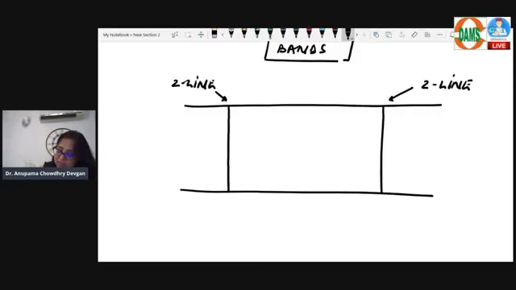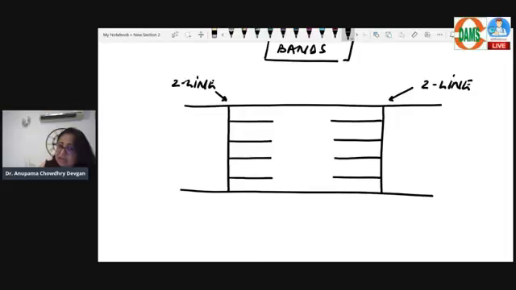Attached to the Z line is the thin filament.